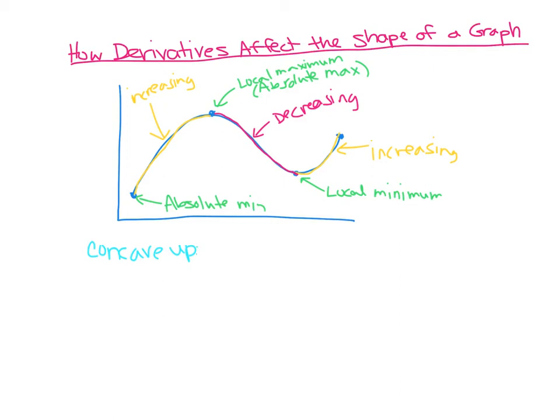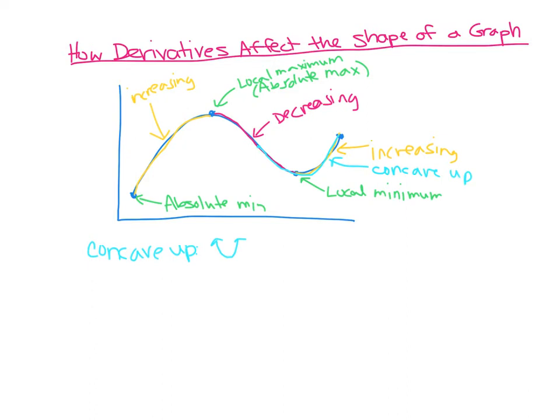You can think about what a parabola looks like. This thing right here is concave up everywhere. On this graph, you'll notice that at this point right here, it changes so that I have this thing that looks like a parabola. It's actually concave up at that blue area.